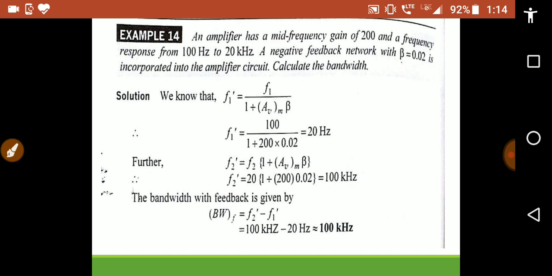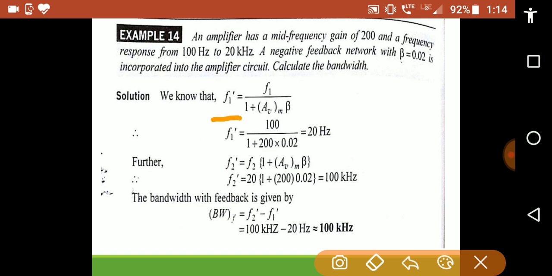So we know that lower cutoff frequency with feedback, f1 dash, equals f1 divided by 1 plus A beta. So f1 dash equals 100 divided by 1 plus 200 into 0.02. This is the lower cutoff frequency with feedback, which is 20 Hz.